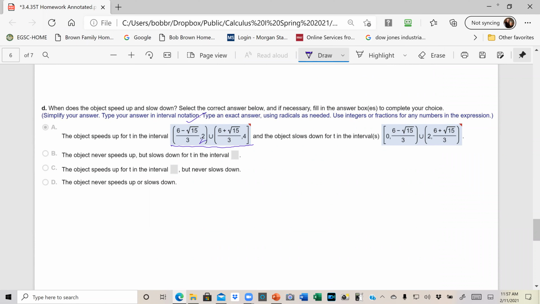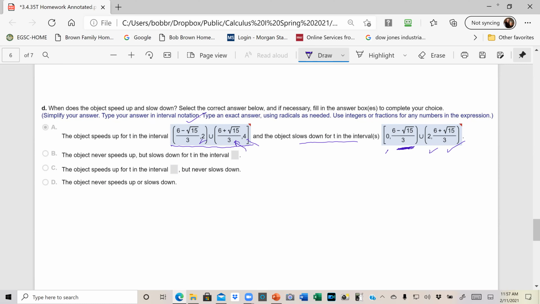And as we saw, it was slowing down from 0 to the first point where the velocity crosses the 0 point, which is 6 minus the square root of 15 over 3, and then from 2 to 6 plus the square root of 15 over 3. Just go back and look at the curve and you will agree that those are the points.